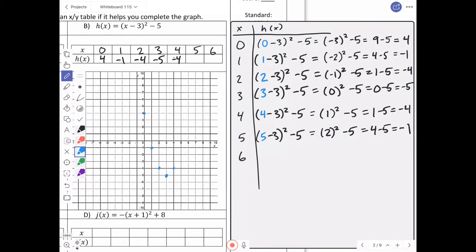So plug in 5, get out negative 1. And 6 minus 3 squared minus 5 is 3 squared minus 5, which is 9 minus 5, which is 4.